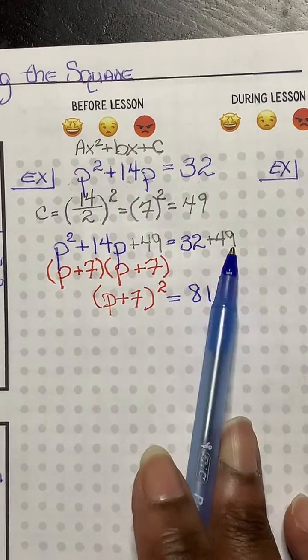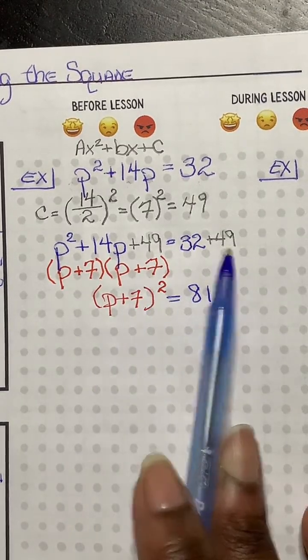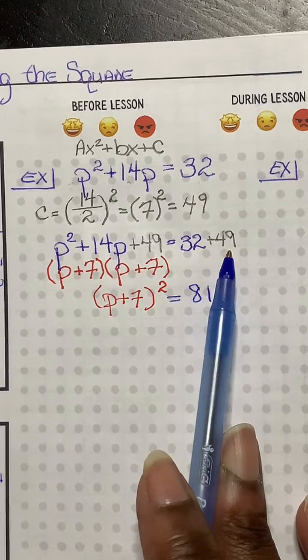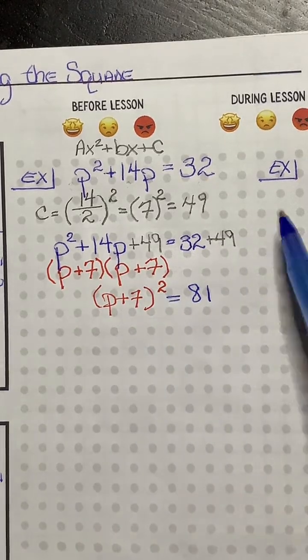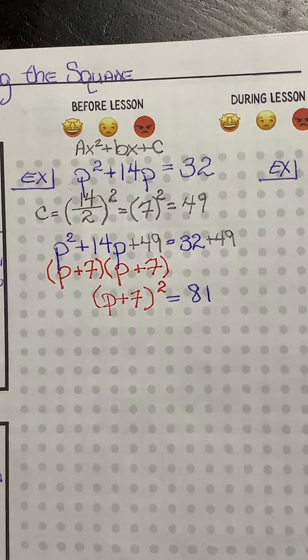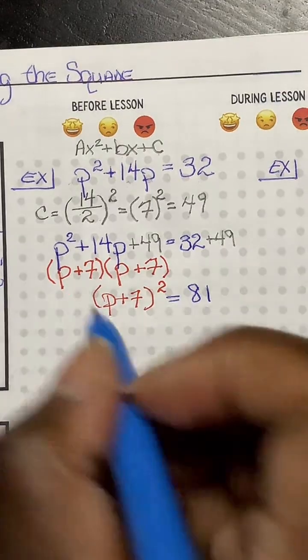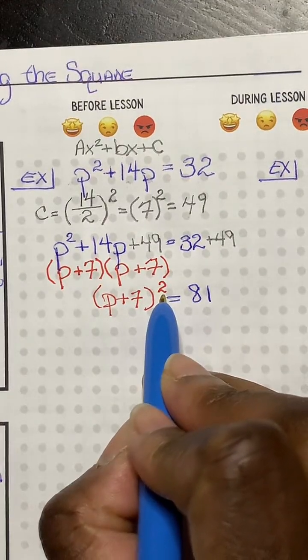Because with me adding the 49 on both sides, I am balancing it out. Yes, it's already balanced out because I did the addition of the new c on both sides. Okay? Hey, Ann. So now we want to get rid of this square.